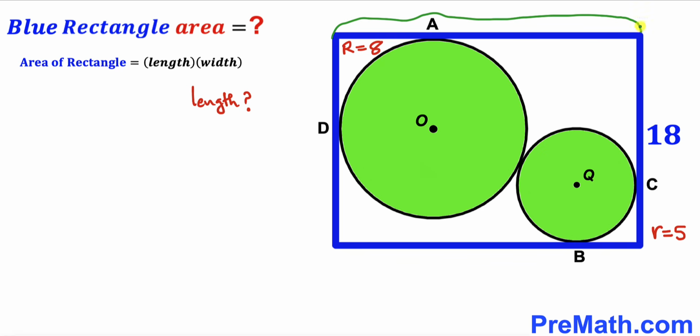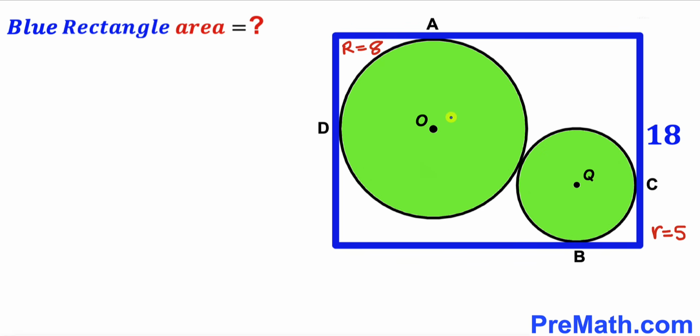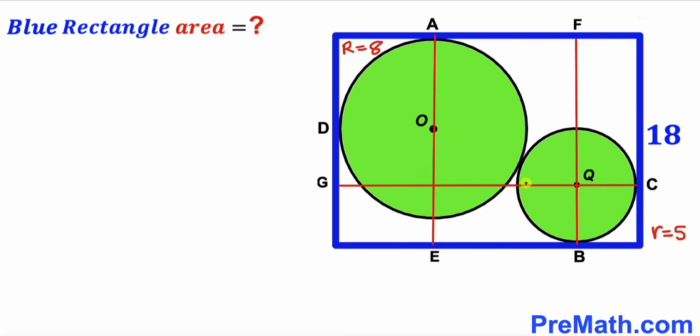In this next step I am going to connect this center O with this point A, and likewise I'm going to connect this center Q with the point B as well, and likewise this center Q with this point C as well.